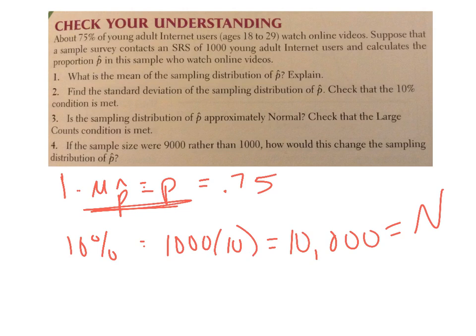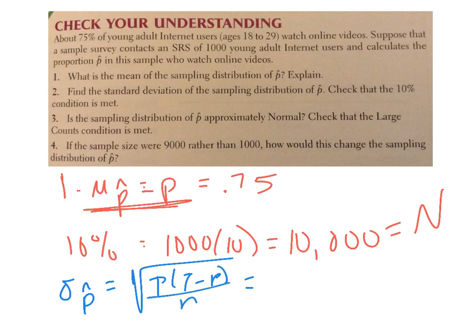Okay, and so I would say the 10% condition is definitely met because there are more than 10,000 internet users between the ages of 18 and 29. Your population is significantly bigger than just 10,000, so that part is met. Okay, so my standard deviation of p hat is equal to the square root of p times 1 minus p over n.